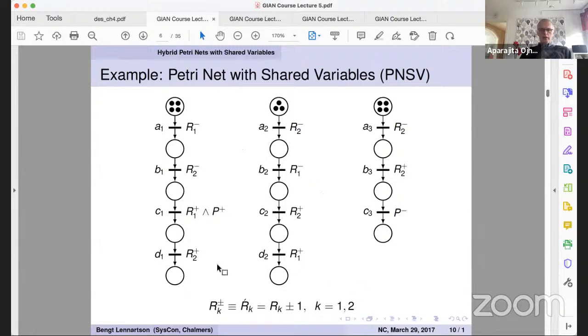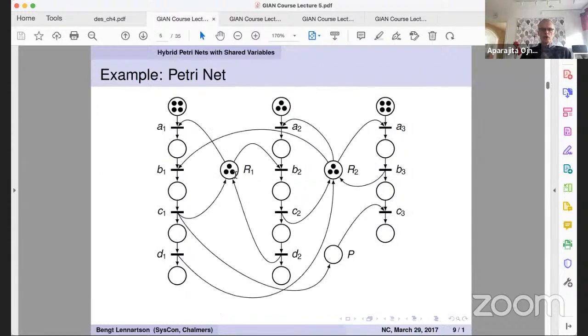I haven't defined exactly the domain of the variables here, but that's of course a flexible thing. Say in our example here, we assume that R1 and R2 have the domain 3 from the beginning, and the question is which domain you have on P, but it should at least be a limited number of elements that are possible for different values of P.